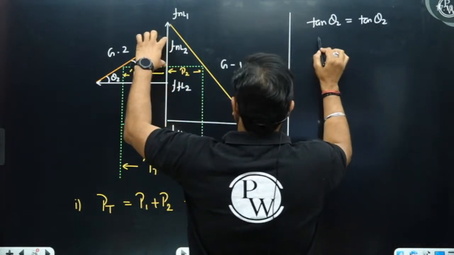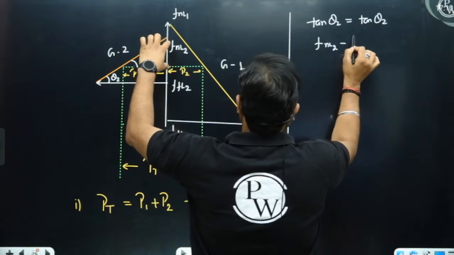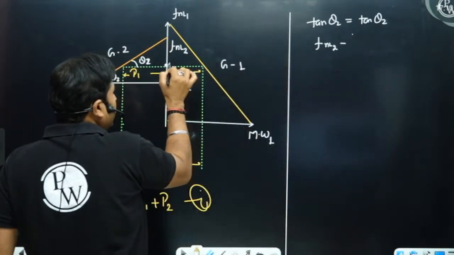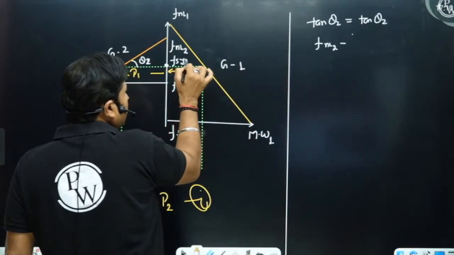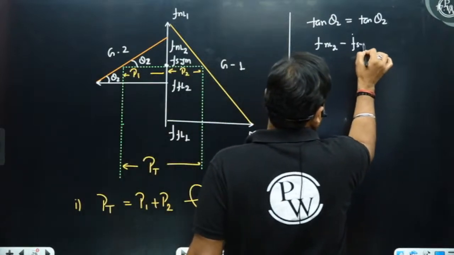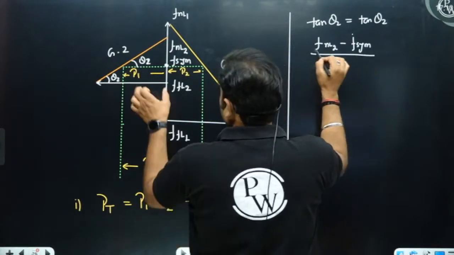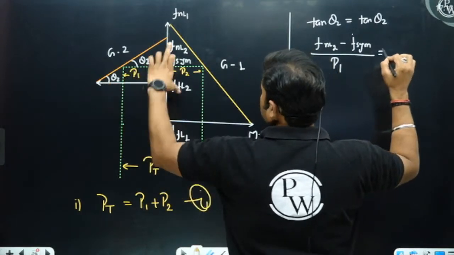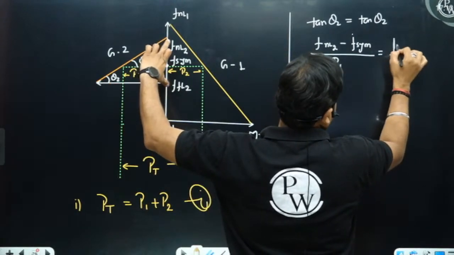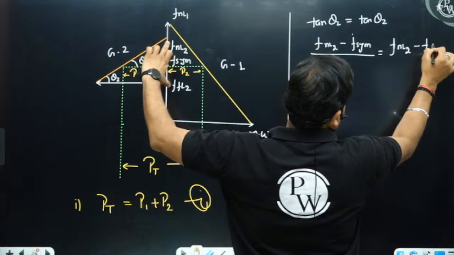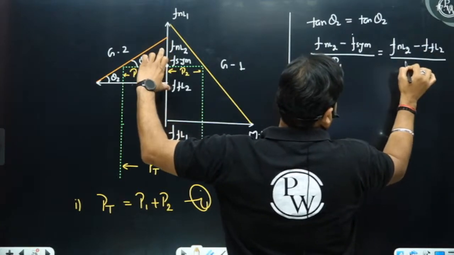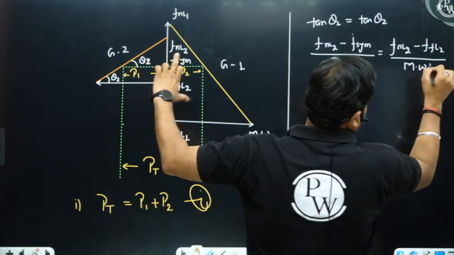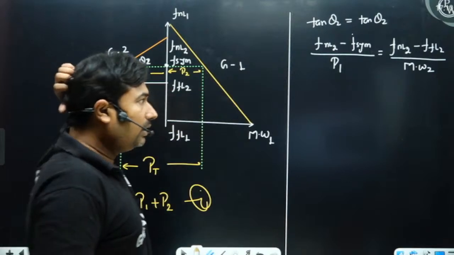So the perpendicular is FNL2 minus the operating system frequency, F of the system, upon P2, which is the bigger one: FNL2 minus FFL2 upon megawatt of alternator 2. That may be the rated or full load of alternator 2.